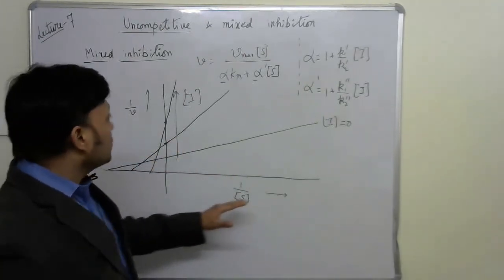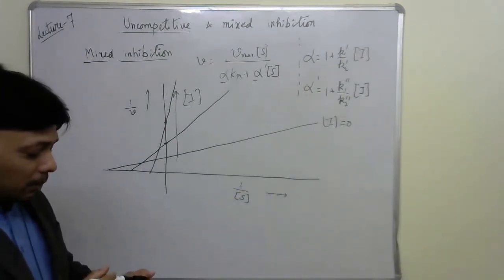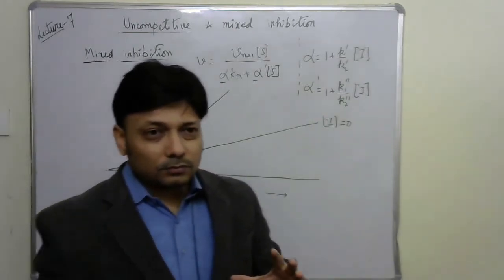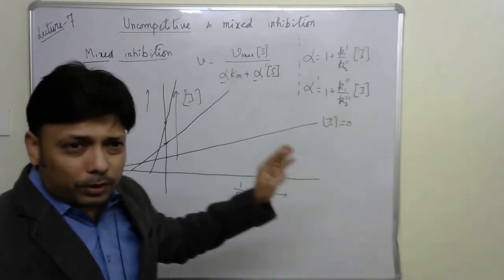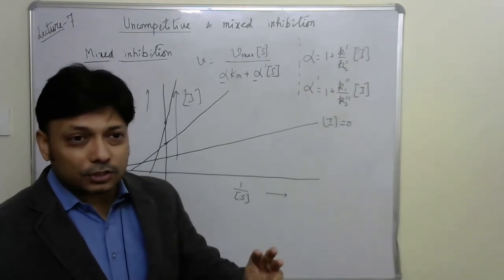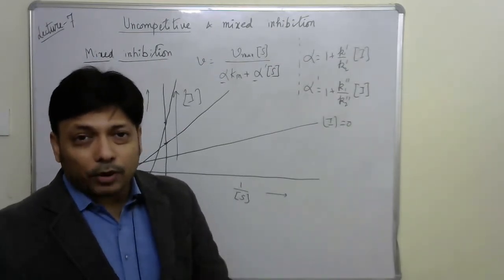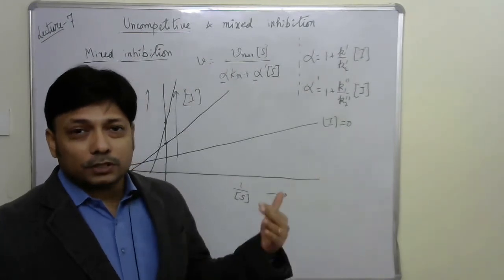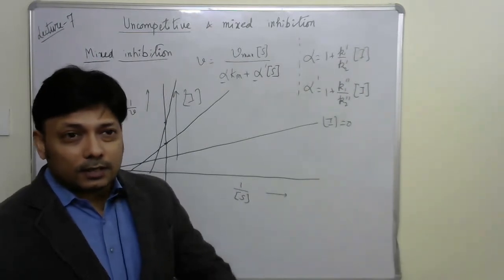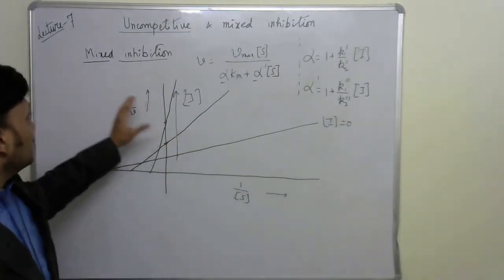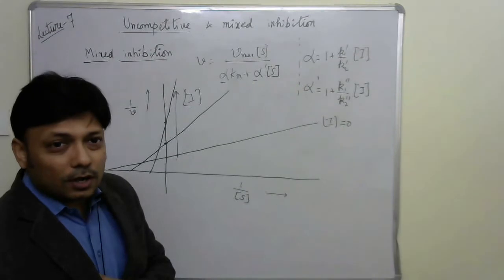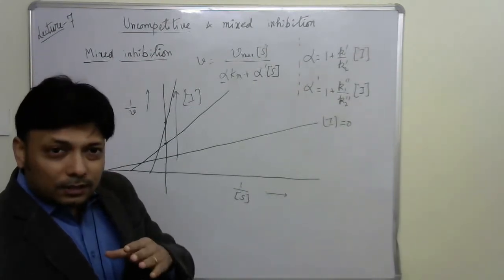So in a nutshell, this is the summary of mixed inhibition, but you have to make sure how the inhibition is working. That means how the velocity is changing, how the intercept, that means Vmax, is changing, and how the apparent Km is changing for mixed inhibition. You have to have a summarized picture in your mind, and it doesn't end here, because we still did not draw the V versus S curve for this kind of mixed inhibition. Okay, so it's your job to do it.